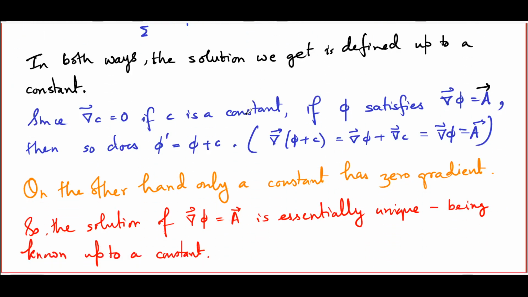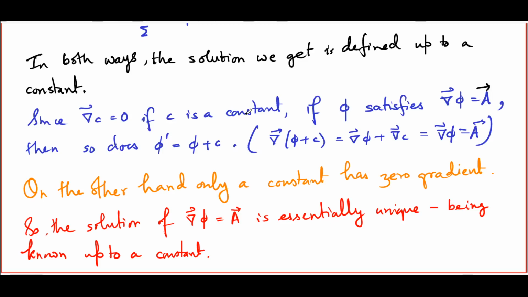Now it is very easy to see that the only scalar field which has 0 gradient has to be a constant. After all, this scalar field must have a partial derivative of 0 with respect to each and every one of x, y and z, all the three possible variables. So the only possibility is that it does not depend on any one of them, and so is a constant.